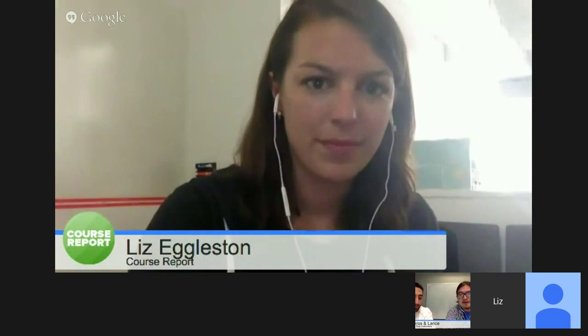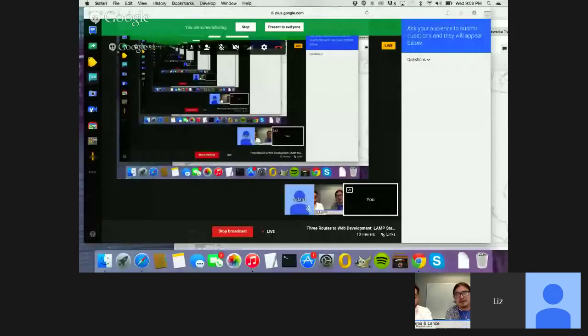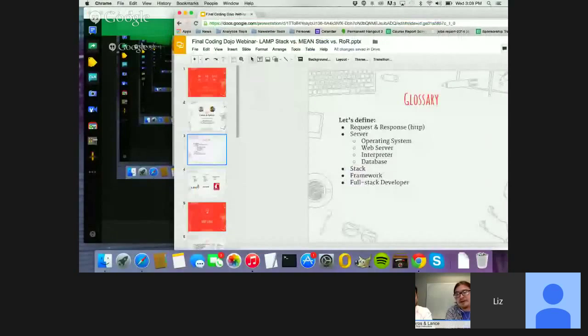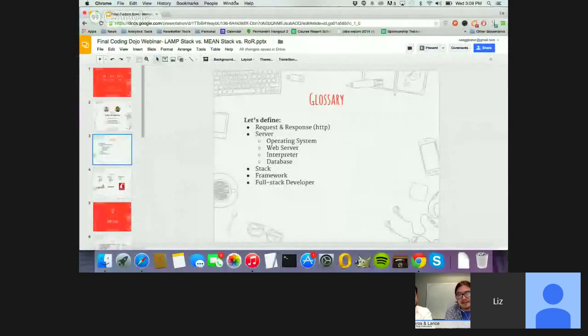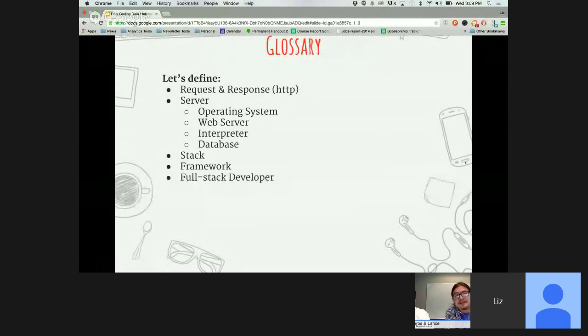The operating system is the environment that the programs are going to run in on your computer, or for the server, the server is a program that's running on a computer somewhere, and the OS is the environment that it runs in. The web server is a program. It's probably going to have access to a database that you're going to be pulling info from and sending info to the clients making the request.